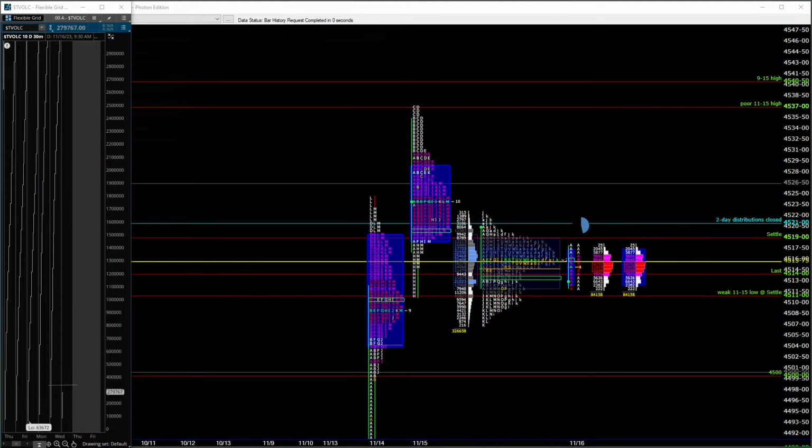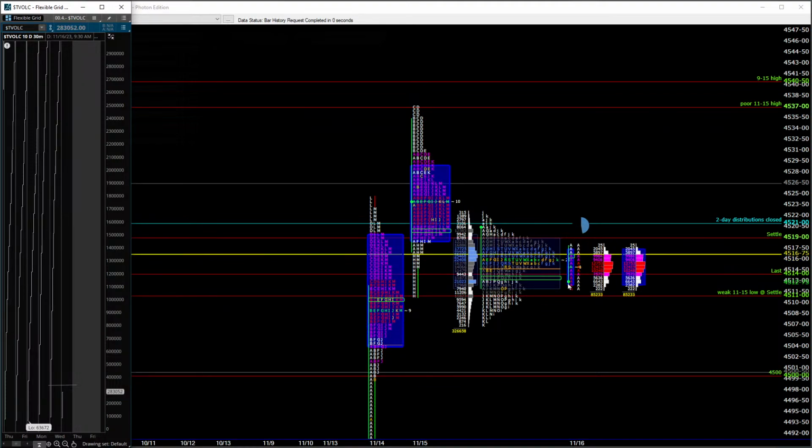We have an inside day today. You know, this is an inside opening. What are inside openings? When we have an inside day, the odds of chop and rotation increase. The closer to the center, the higher the odds of chop and rotation.